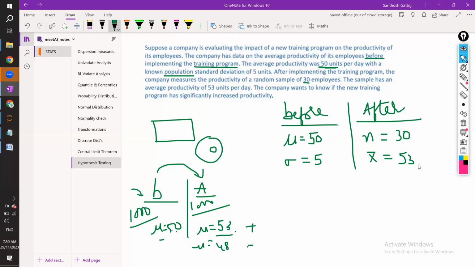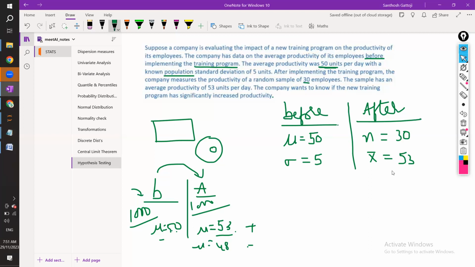Now we need to test whether, if a particular sample is having 53, that means the program has actually created any positive effect. That means whether this sample is a perfect representation of the whole population, and whether it has a decent effect on the overall population or not.